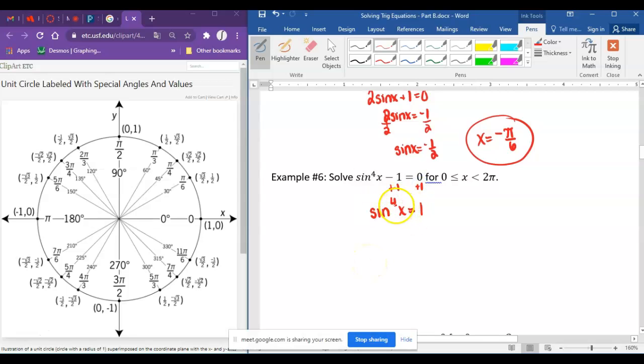To get rid of something to the 4th power, we have to 4th root it. Thankfully, the number we have over here is 1. So with any even root, you're going to have to put a plus or minus 1. Sine x could equal positive 1, and sine x could equal negative 1.